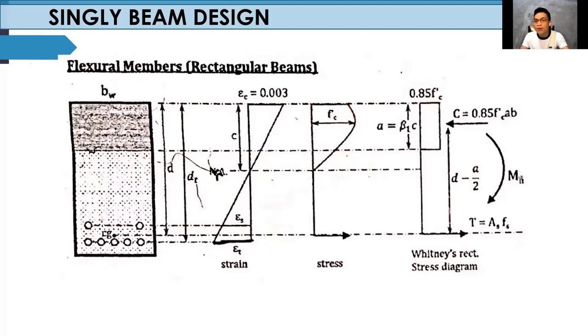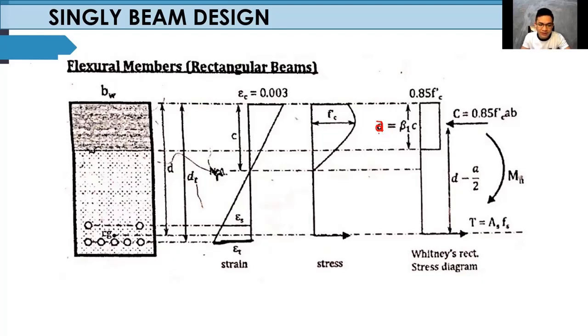Okay, so how about the height? Kasi naging uniformly distributed na siya. So therefore, yung height natin na from the top papunta sa neutral axis is mag-iiba. So ang height daw natin class is denoted as A, no? This is our compression block.